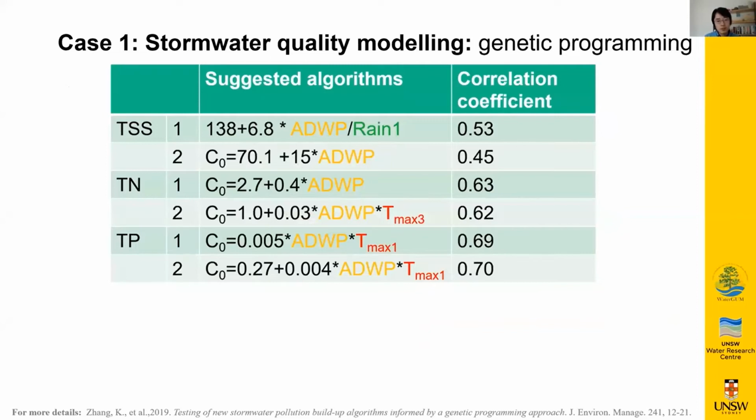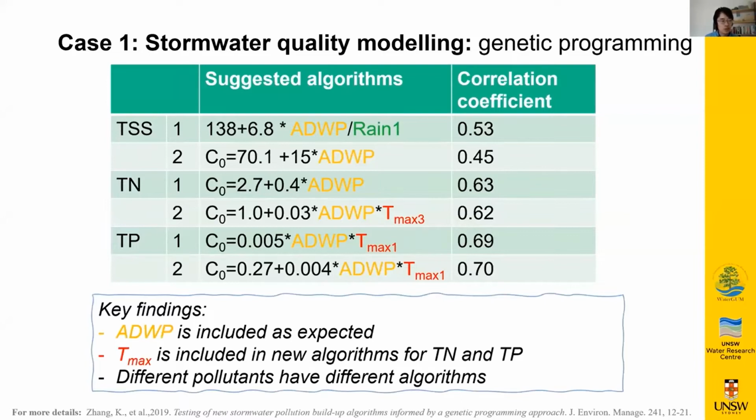So, a very brief overview of some of the key results. We found there are different algorithms that can be used to represent this build-up process. We found the antecedent dry weather period, which is commonly used in the traditional build-up and wash-off models, is included as expected. But different from the traditional models, we also found that temperature is good for predicting nitrogen and phosphorus when we want to simulate the build-up process better.